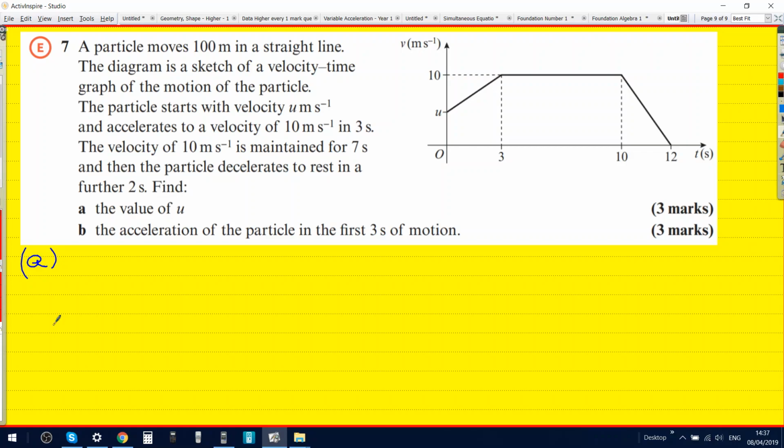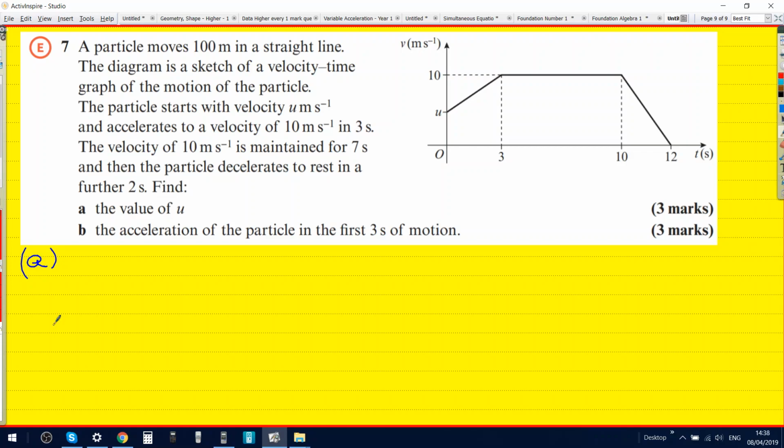To try to find total displacement and then from that work out u? Yeah. Okay, so displacement is 95 meters.